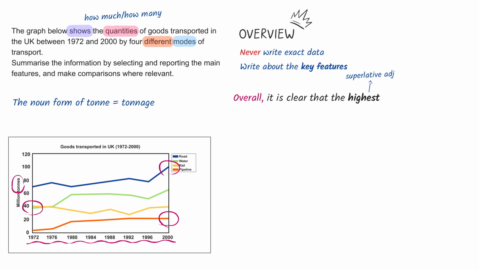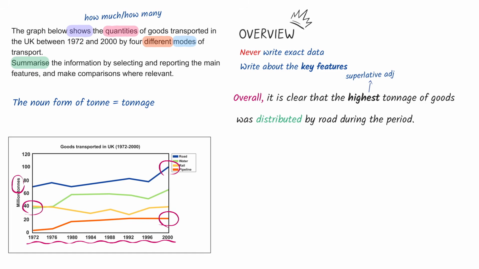Overall, it is clear that the highest tonnage of goods was, instead of transport, we can write a synonym word like distributed, all right? Was distributed by road during the period. Let's read again. Overall, it is clear that the highest tonnage of goods was distributed by road during the period.